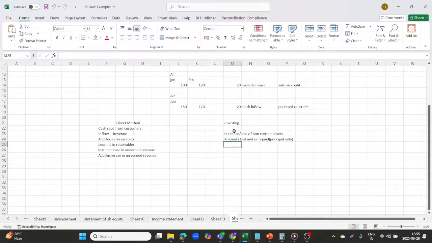So this will come under investing activity. Then what will come under the financing activity? You can say issuance or repurchase of own stock, or you can call it purchasing your own stock, which is nothing but your treasury stock. Then you are paying the dividend. So dividend paid also becomes part of the financing activity, as you are paying the dividend, not receiving it.